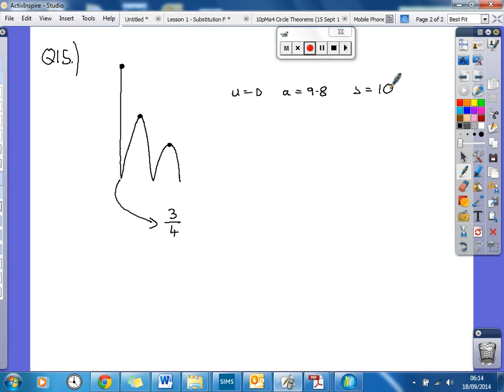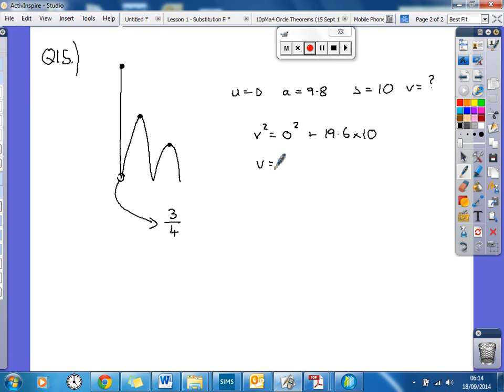So we need to find the final velocity when it first hits the ground. So we need to find v. Look at what we've got. We're going to plug it into v squared equals u squared plus 2as. So we've got v squared is equal to 0 squared plus 2as.